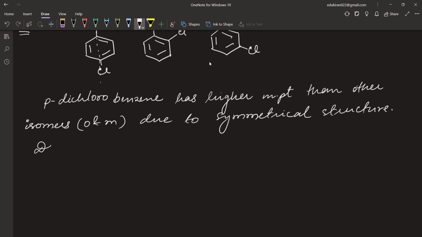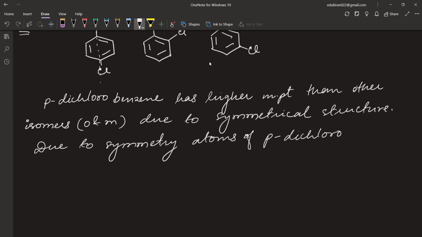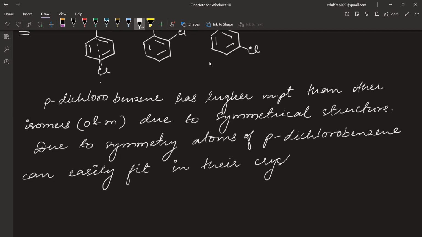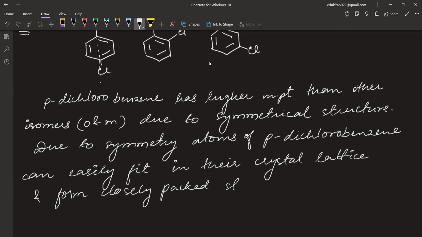Then further you will write, due to symmetry, atoms of p dichlorobenzene can easily fit in their crystal lattice and form closely packed structure.